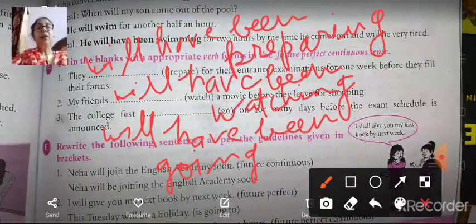Will have been going. So write down: the college fest will have been going on for many days before the exam schedule is announced. So complete it, children. And after that we are moving to solve exercise number F.